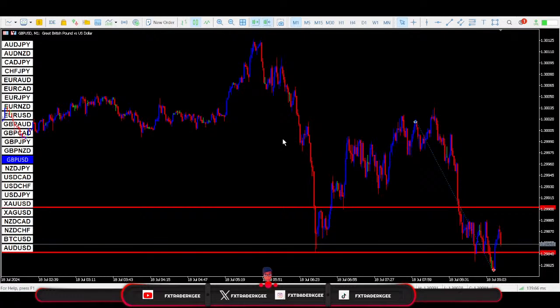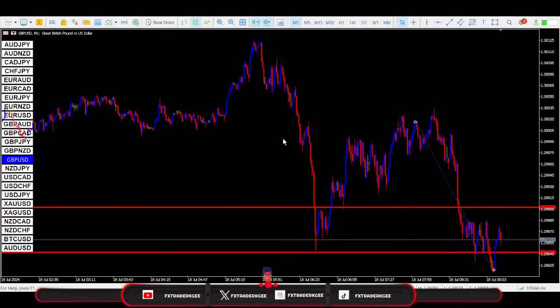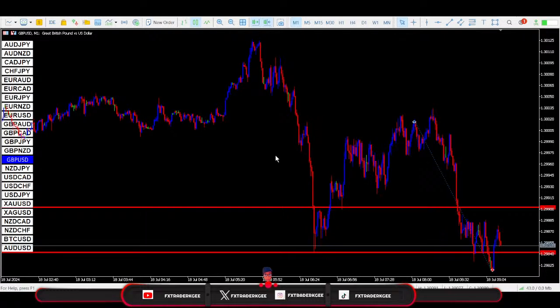And never see a bad trade as a bad trade, but as an opportunity for you to look into what happened and why it happened. And also, another fact is that you are never in control of the market. That's another great one.